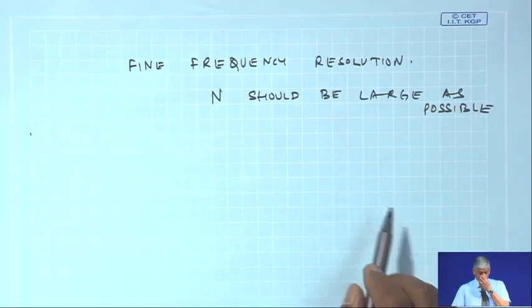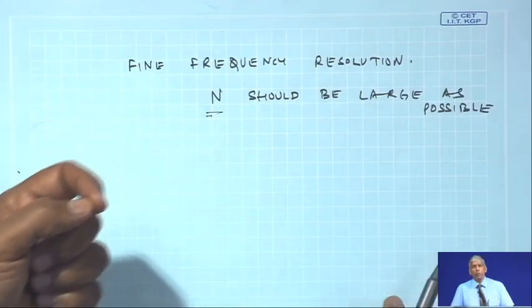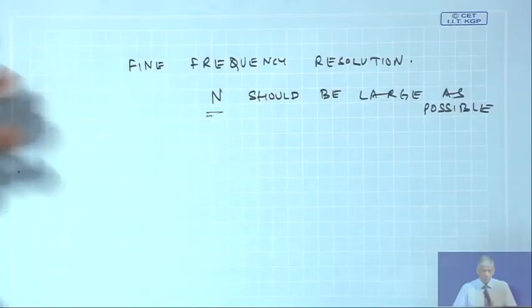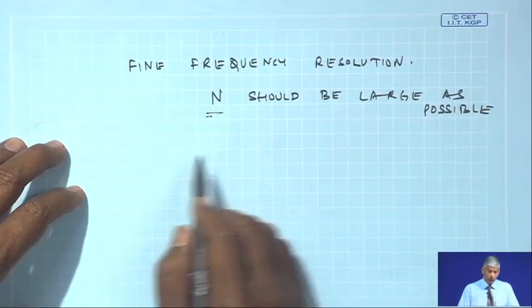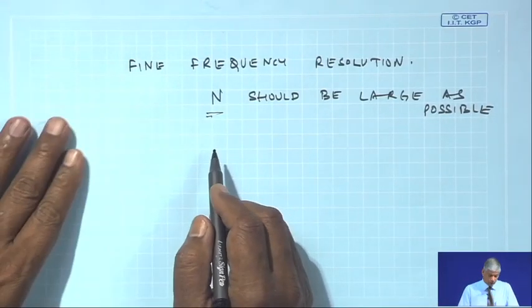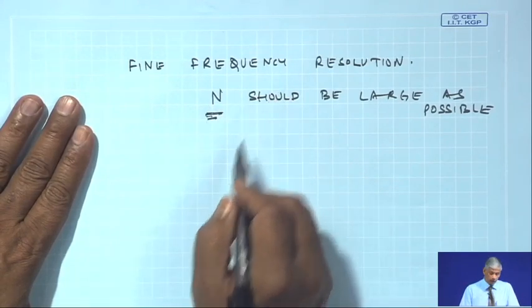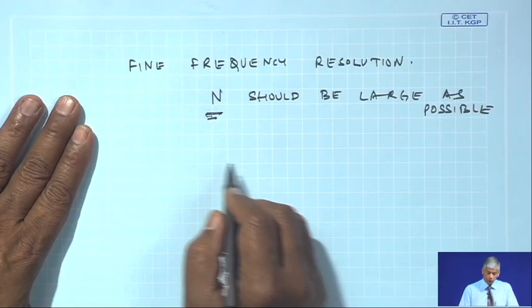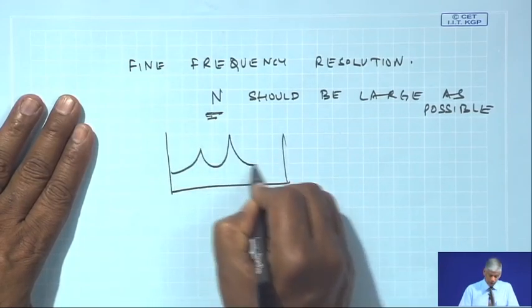There are, of course, limitations why n cannot be large because of the memory requirement, because every data point requires a storage space or a memory space. So, I cannot make n very large because that will be limitation of my storage space. So, this delta f, if it has to be fine, I need to make n larger and thus have adequate frequency resolution, so that I can represent a signal at its peak.